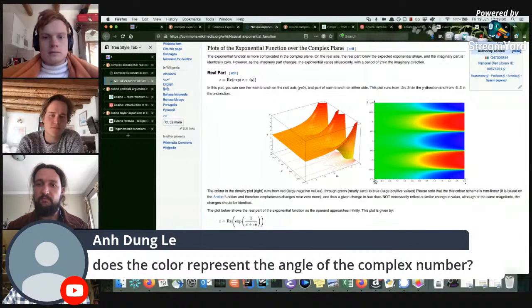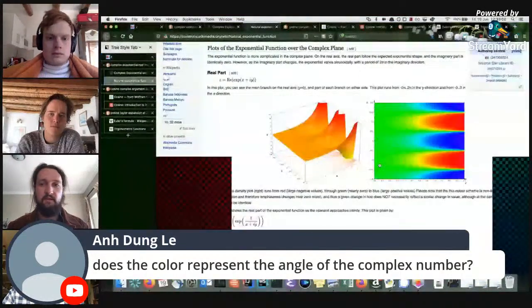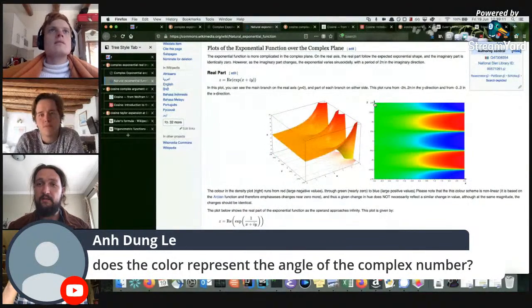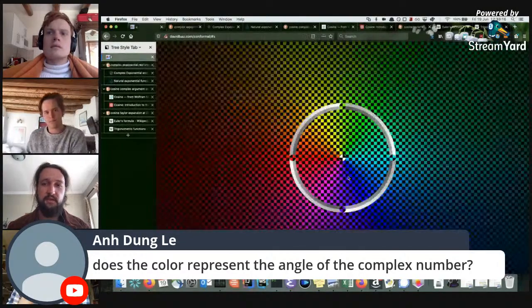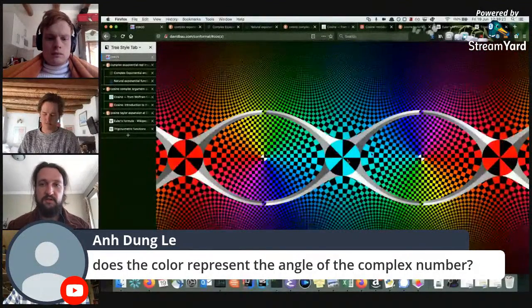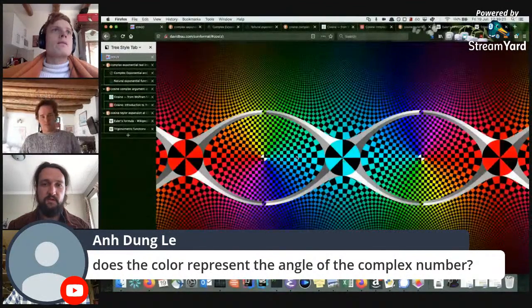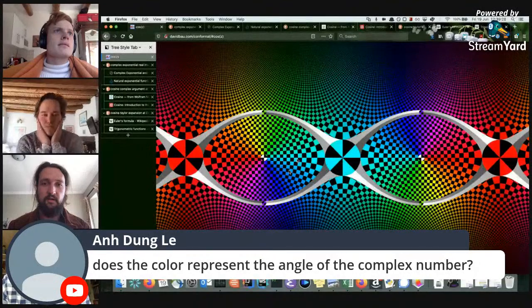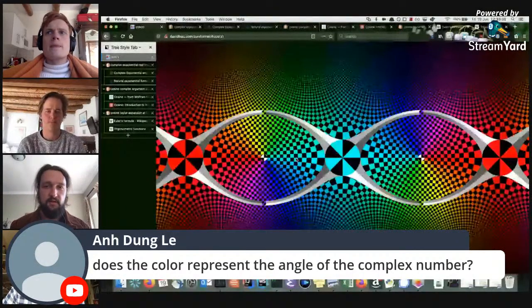But okay, let's try something else. Let's go x is equal to -1, because x is equal to -1 is this red little bit over here. And let's go up y, so we increase positive y. We should also have the same angle. So if I go back here, let's go cos. We start at x is equal to -1, which is somewhere around here, and we go positive y.